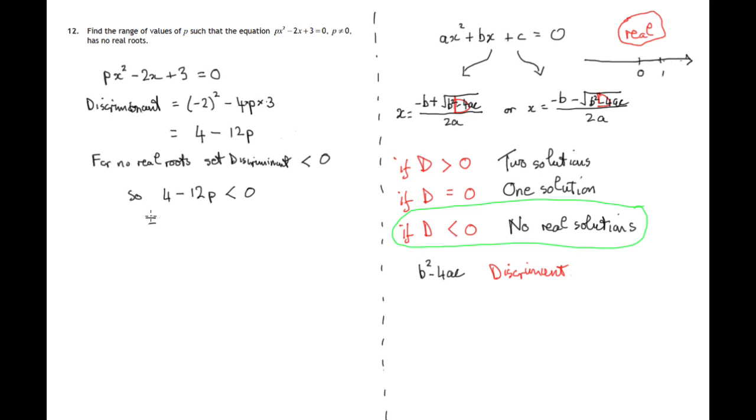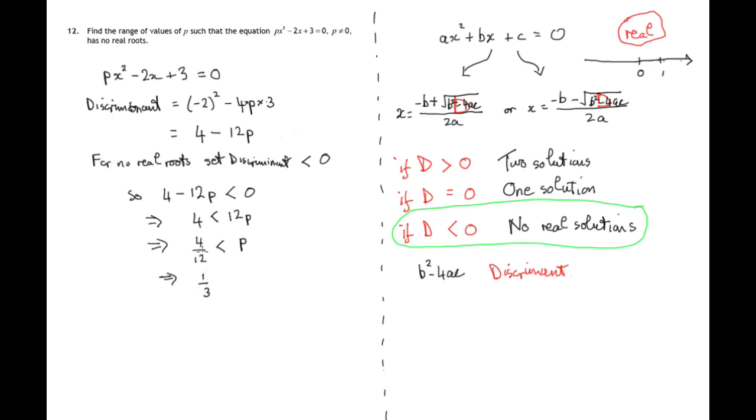So let's solve this inequation. First of all, let's add 12p to both sides. We get 12p over here. Let's divide both sides by 12, positive 12. So there's no problem, that less than sign still stays as a less than sign. We do a bit of cancelling here. 4 into 4 goes 1, 4 into 12 goes 3.